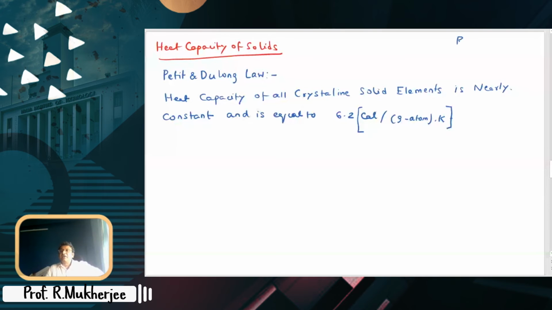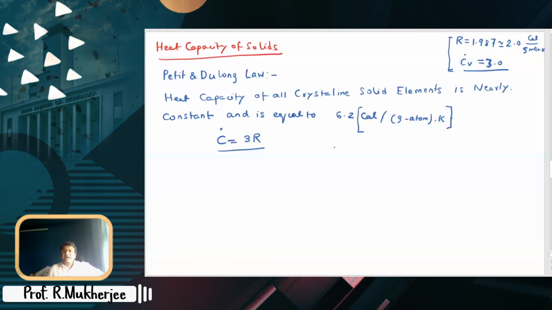We talked that R was equal to 1.987, and therefore approximately 2 calorie per gram mole Kelvin, and for monoatomic gases we had Cv equal to 3R over 2. So here the molar C for solids turns out to be roughly 3R. Is it clear? So it's roughly double that of monoatomic gases, right?